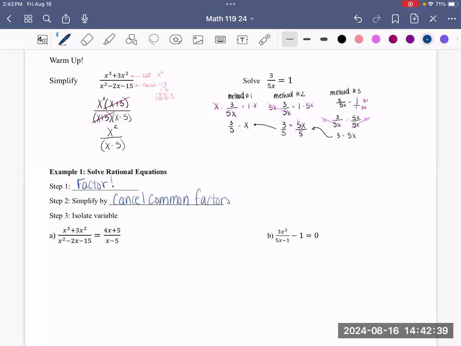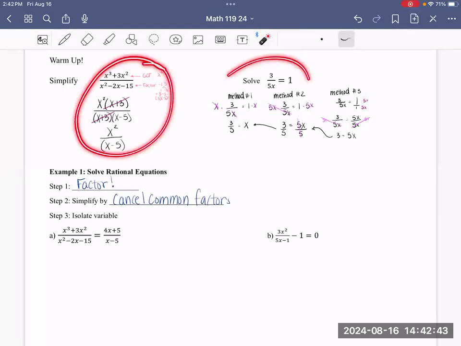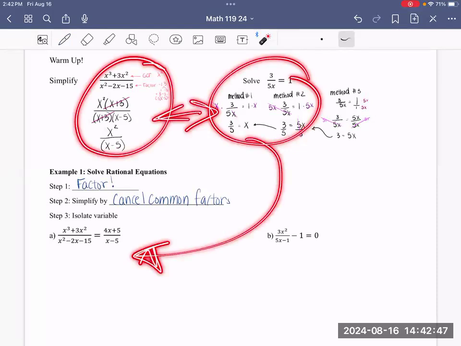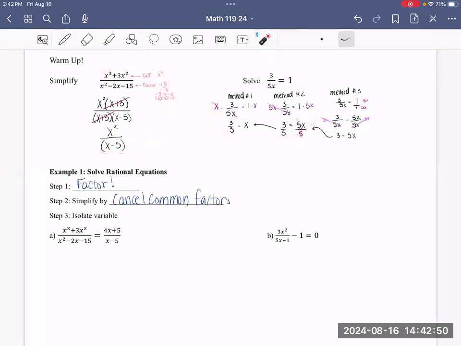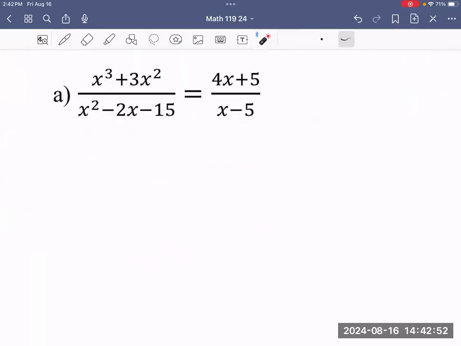And then step 3 is to isolate the variable. So what we're going to be seeing is these same ideas coming down into your next examples. So step 1, let's go ahead and factor. Well, we already factored that left-hand side.